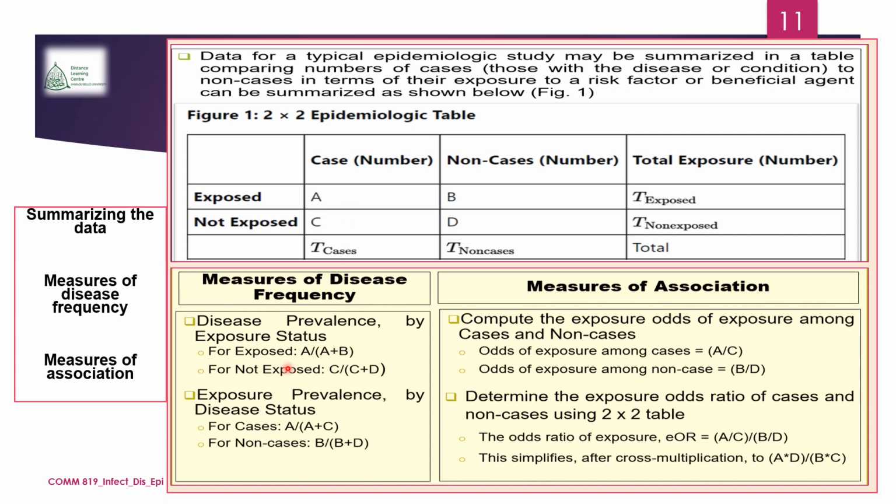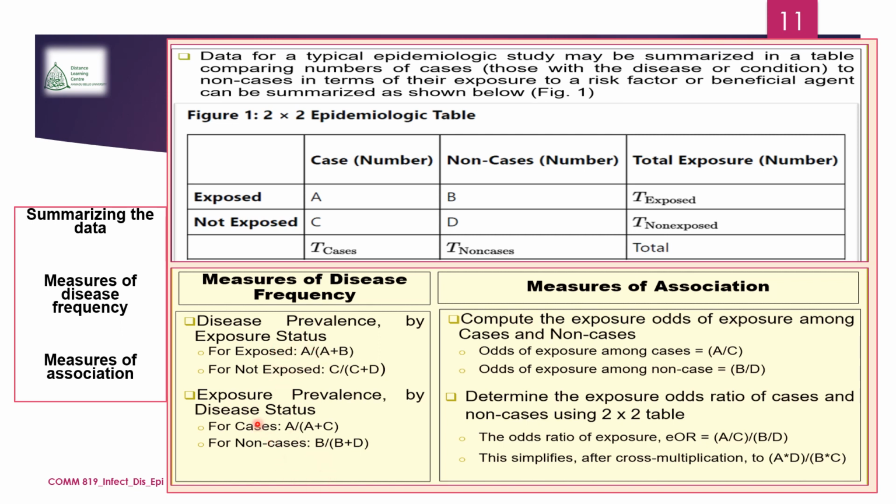So it is exposed over total exposed. Do you get it? Then for not exposed, it will be C over C plus D. So that is how to calculate the disease prevalence for the exposed and for the not exposed.